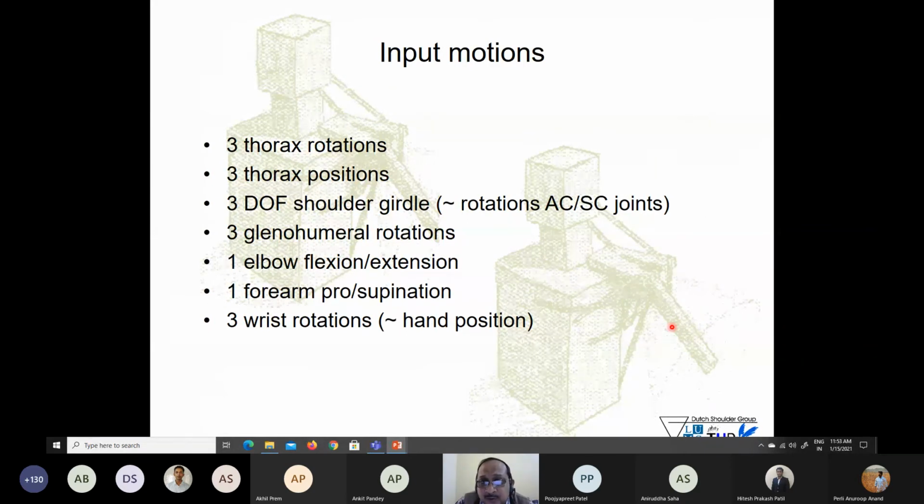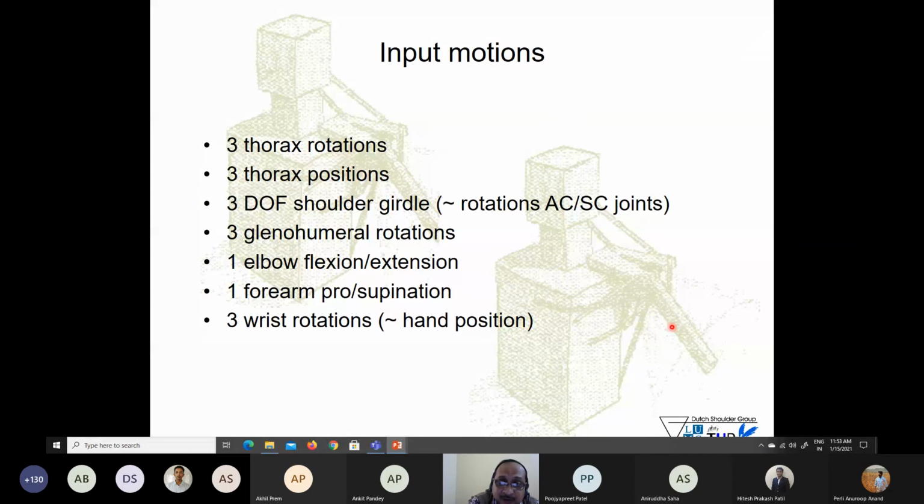Now, the input motions in the shoulder complex are as follows. 3 thorax rotations, 6 degrees of freedom for the thorax, as I told you. So we have 3 rotations and 3 translations.